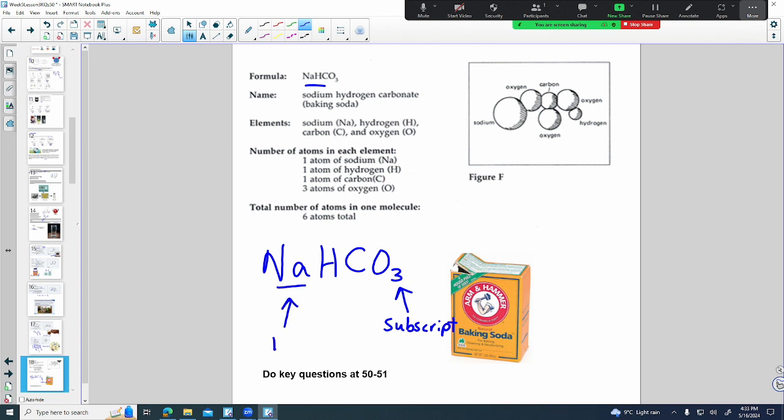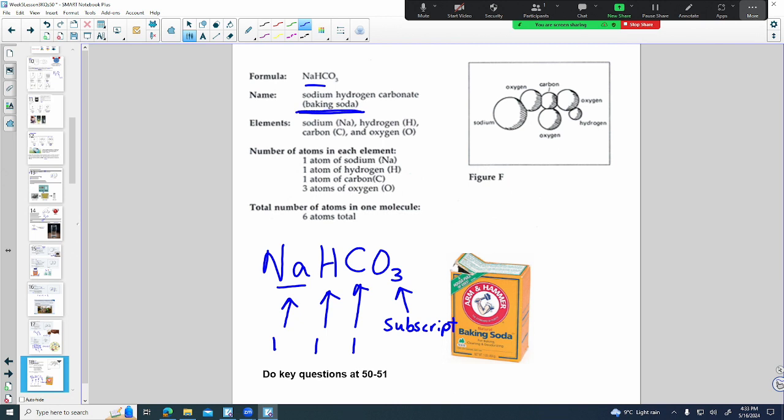means there's one atom of sodium. H gives us one atom of hydrogen. C gives us one atom of carbon. And we already know that the subscript 3 tells us there's 3 atoms of oxygen, in sodium hydrogen carbonate, also known as baking soda.